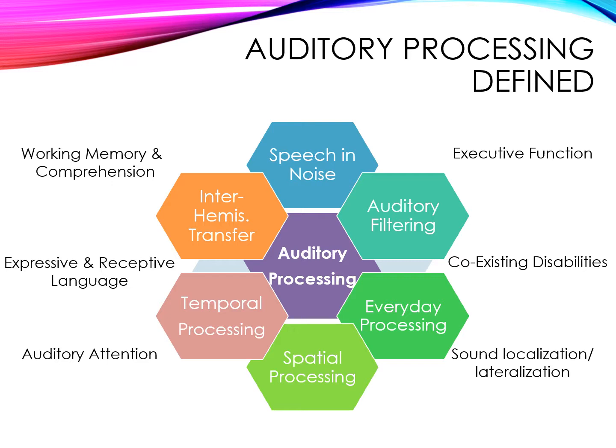So this is a good big picture slide of auditory processing. All of these areas of auditory processing interact, and there's research evidence suggesting that many of these types of processing are significantly correlated.